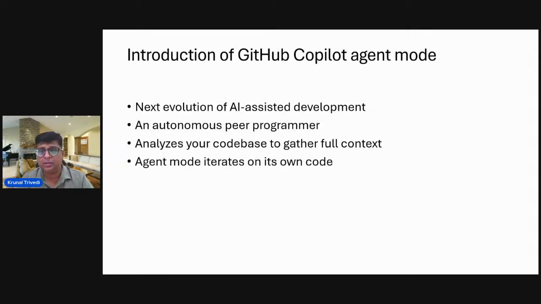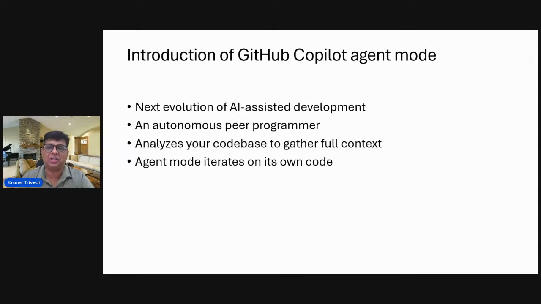So as I mentioned, Copilot agent mode is the next evolution of AI assisted development. It is an autonomous peer programmer capable of performing multi-step coding tasks at your command. It analyzes your code base. It has the context of your code base.